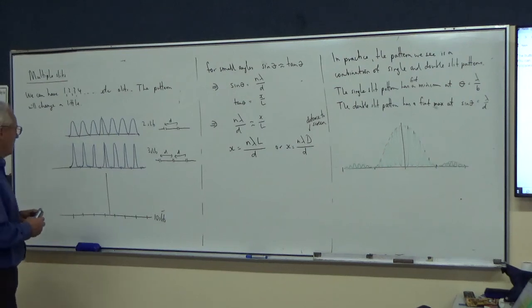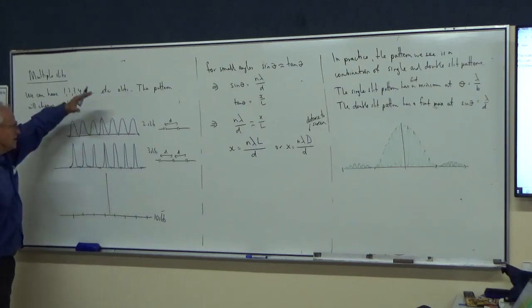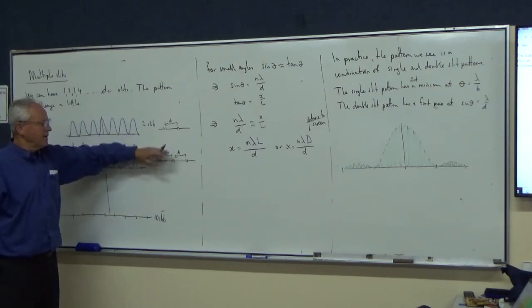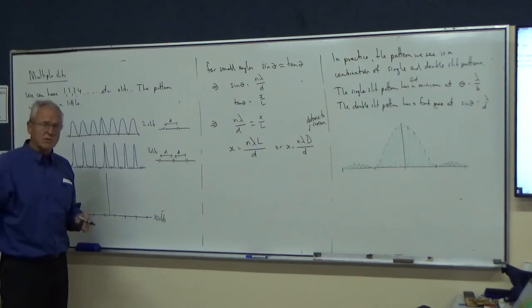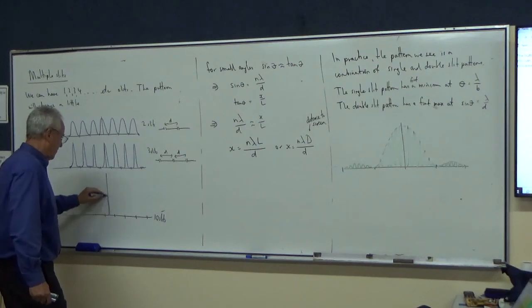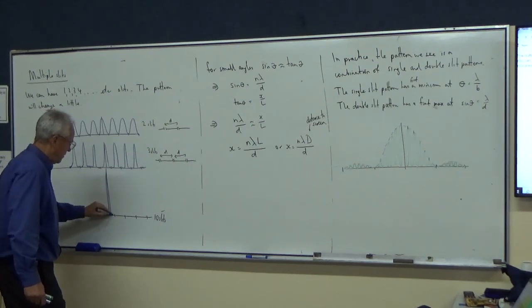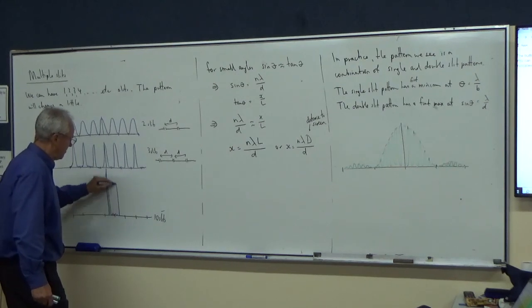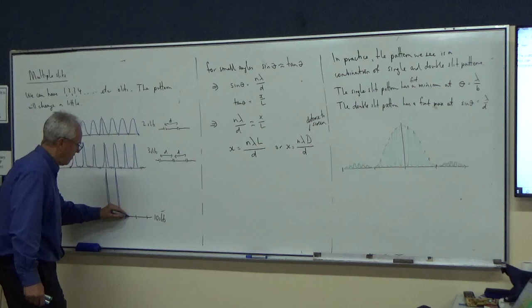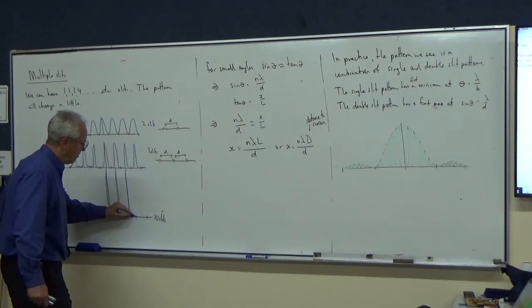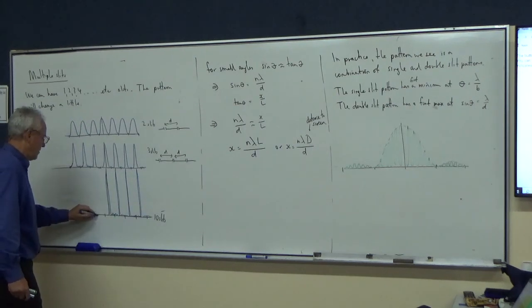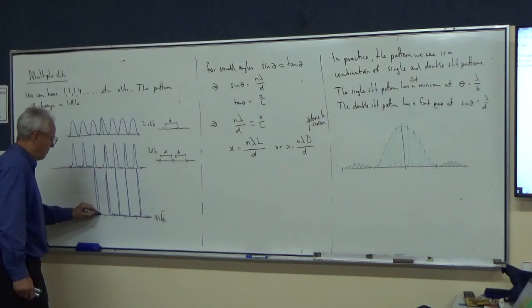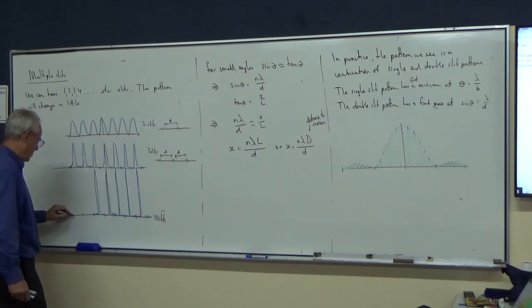They're still the same width, but as we get more and more slits, they become sharper and sharper and more intense. 2 slits, that's through a certain amount of light. 3 slits, that's through a bit more. 4 slits, that's through, so 10 slits, that's through a lot more. So we've got very intense and some secondary maxima, very intense and sharp. And same here. They're all supposed to be the same width.